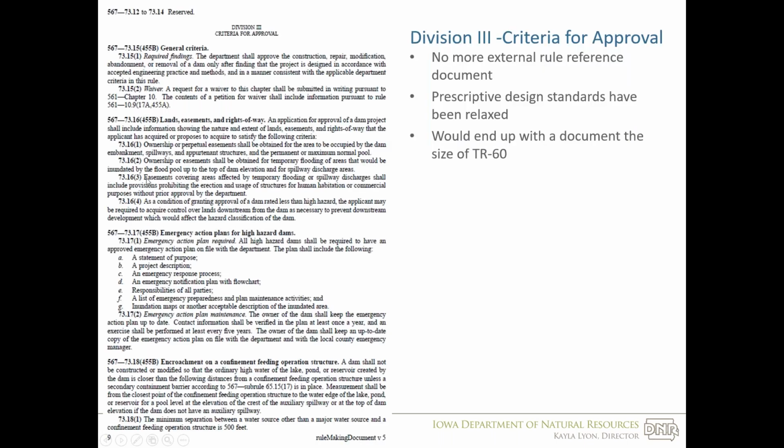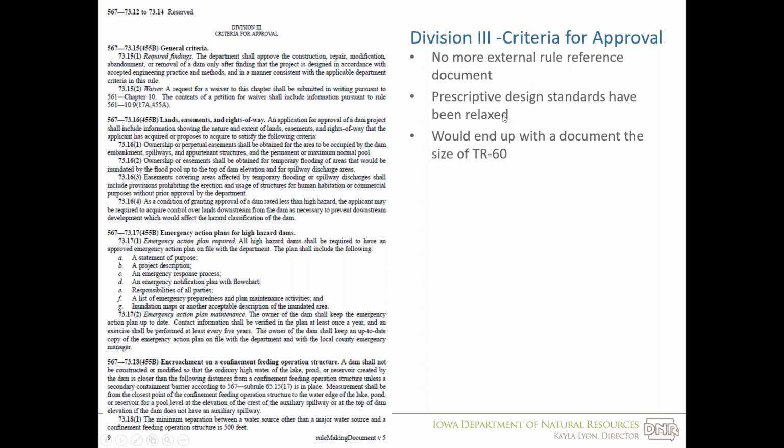Alrighty, thanks, John. So the next section in the rules is the criteria for approval. We no longer have an external rule reference like Bulletin 16. Everything is inside this Chapter 73.